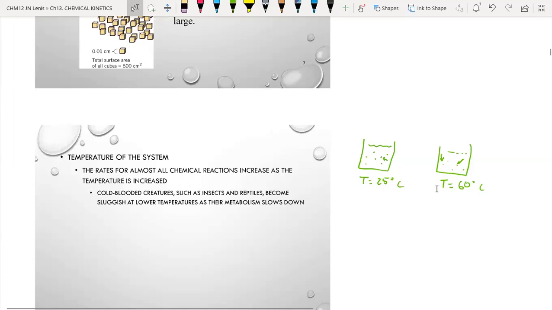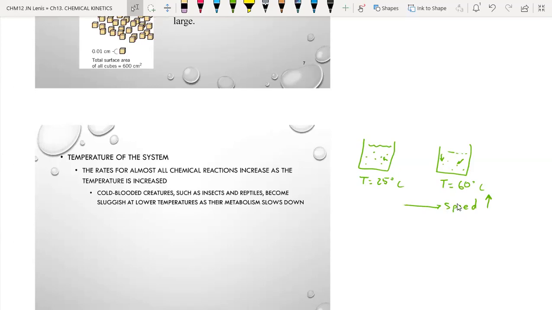So the speed here increases. The speed of the reaction goes up at higher temperatures. Kinetically. So from the kinetic point of view, the speed of the reaction increases.